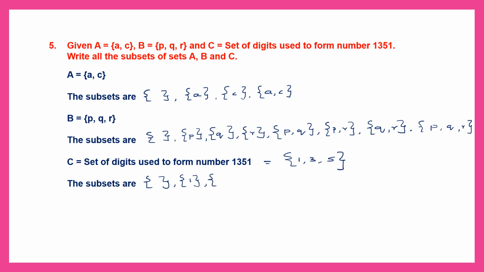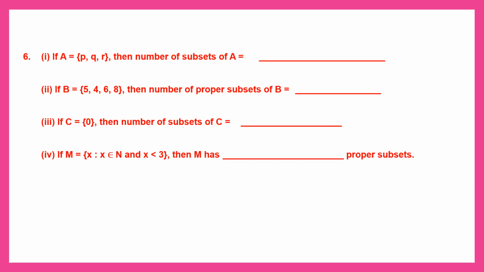Then the next element 3. Next element 5. Then take 2 at a time now. 1 and 3. Then 1 and 5. And 3 and 5. Now take the whole set itself, that is 1, 3 and 5. So these are all the subsets of sets A, B and C.